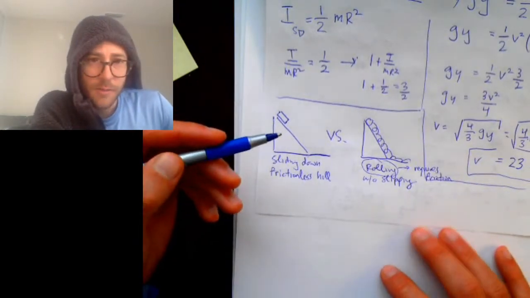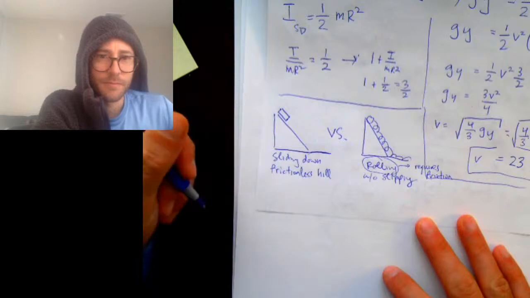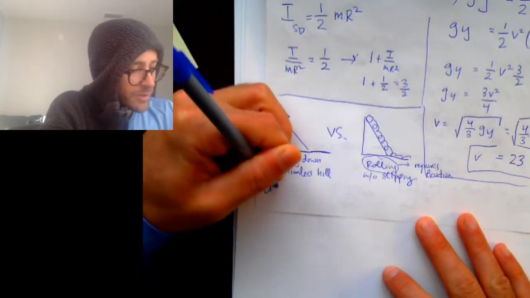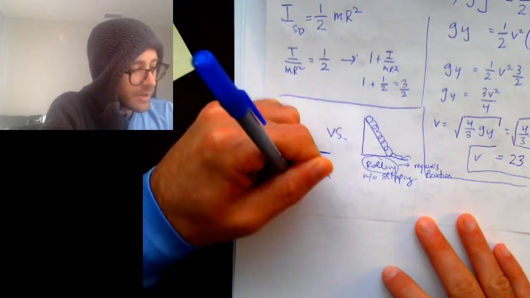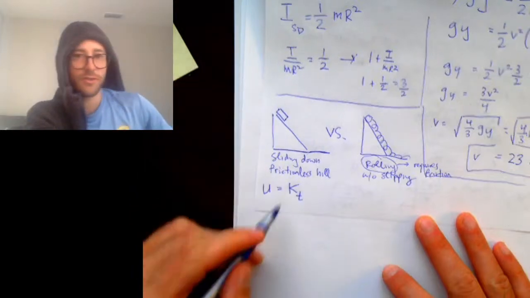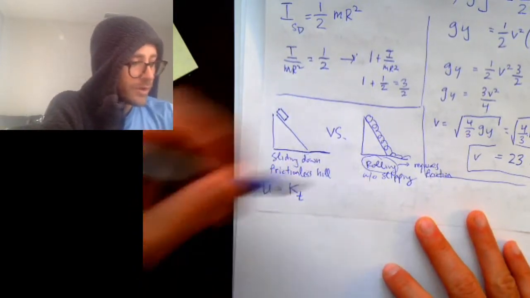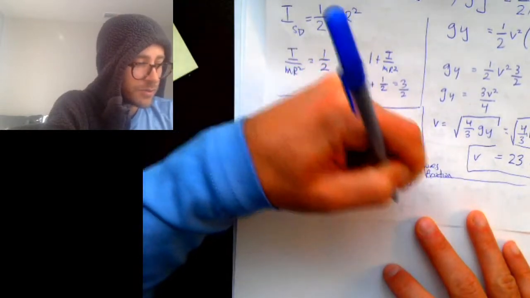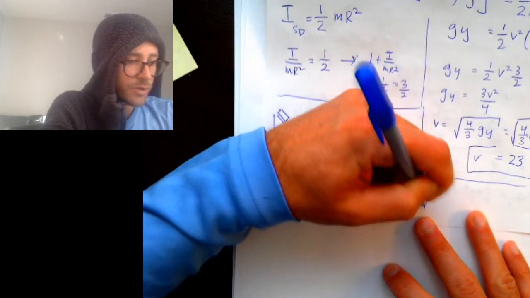Another way to think about it is if you're sliding, then gravitational potential energy becomes just translational kinetic energy. If you're rolling, gravitational potential energy becomes translational kinetic energy and rotational kinetic energy.